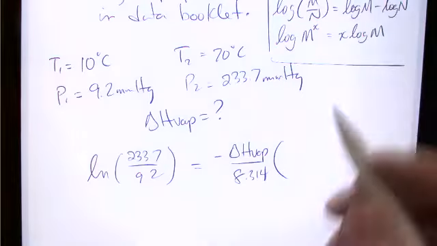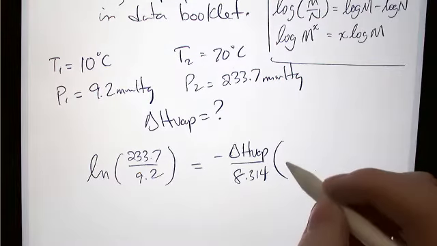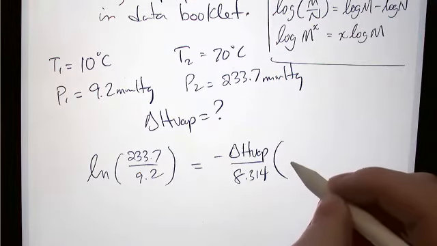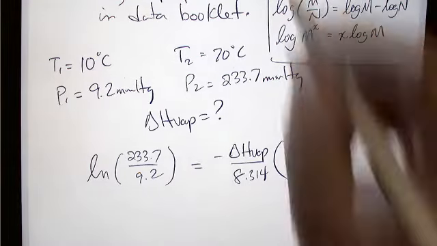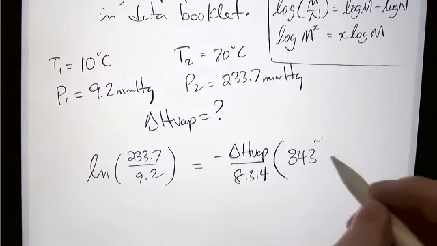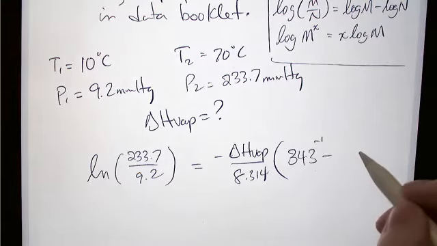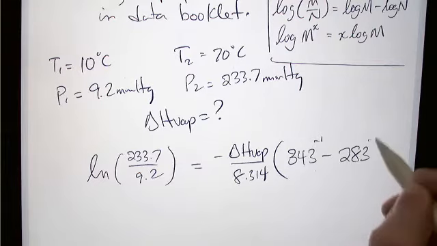So rather than say 1 over T2, I've got to convert that to Kelvin, right? So 273 plus 70 is 343. So 343 reciprocal minus 10 degrees Celsius converted to Kelvin would be 283 reciprocal.